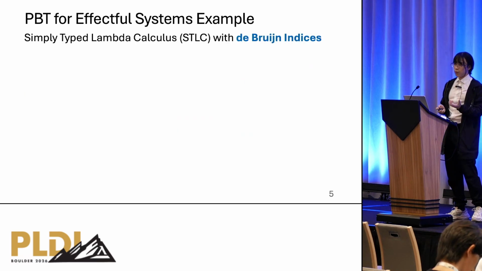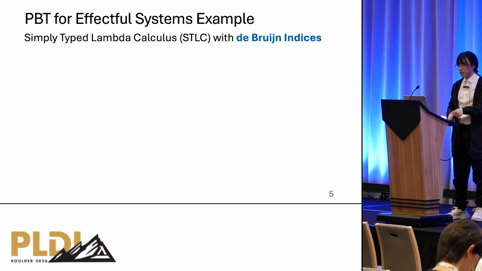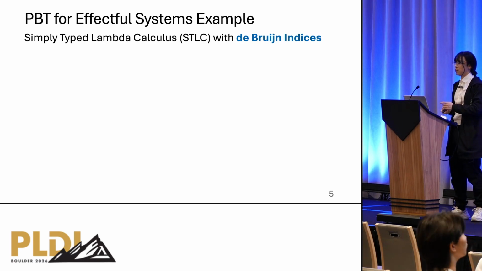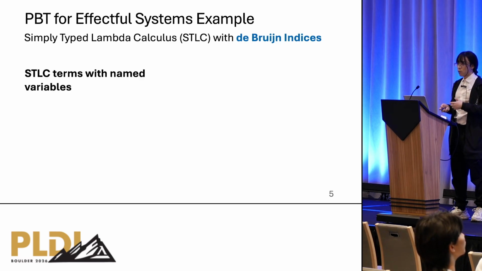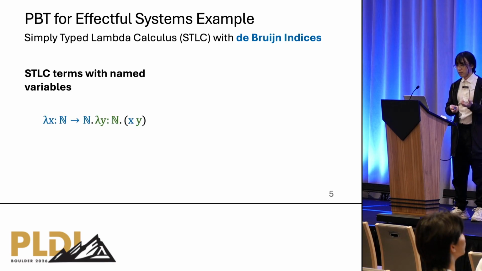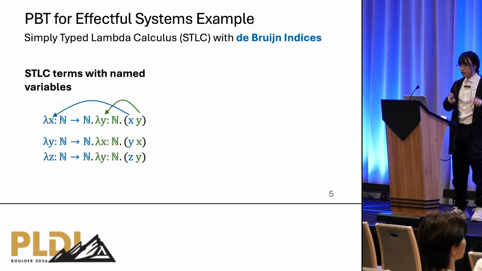The language term we consider in this example is the simply typed lambda calculus, STLC, with de Bruijn indices. People are probably more familiar with STLC terms with named variables like this. You have x and y, which refer to the previous STLC abstraction bindings. However, that is not closed under alpha renaming. You have lots of variants.